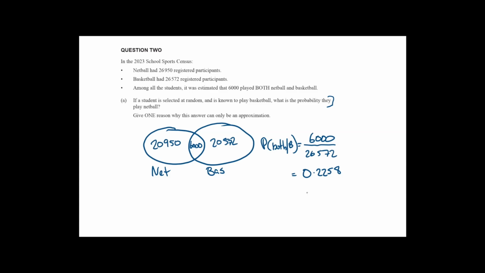Okay, give one reason why this may be only an approximation. It is estimated, so it says specifically that 6,000 play both netball and basketball. Who's making this claim? What do they base it on?